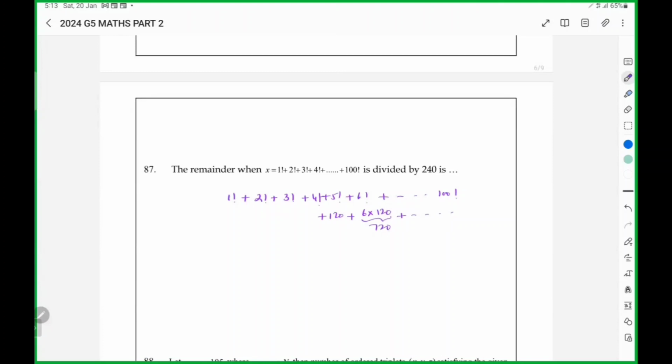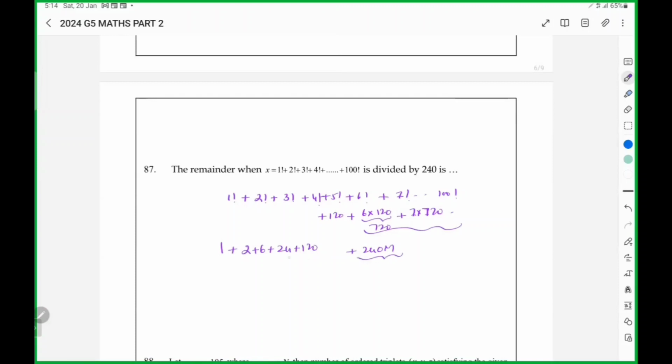Suppose even you take 7 factorial, 7 into 720, it is also a multiple of 240. So the remaining terms are all divisible by 240.